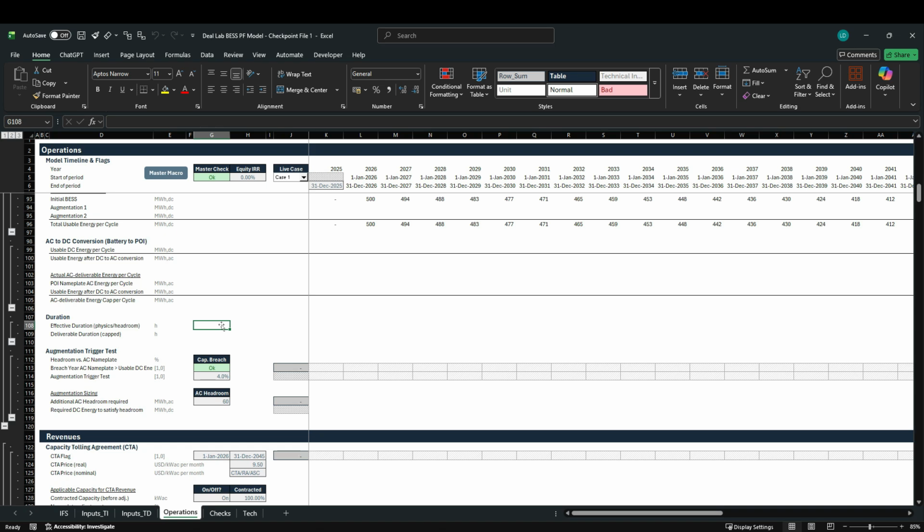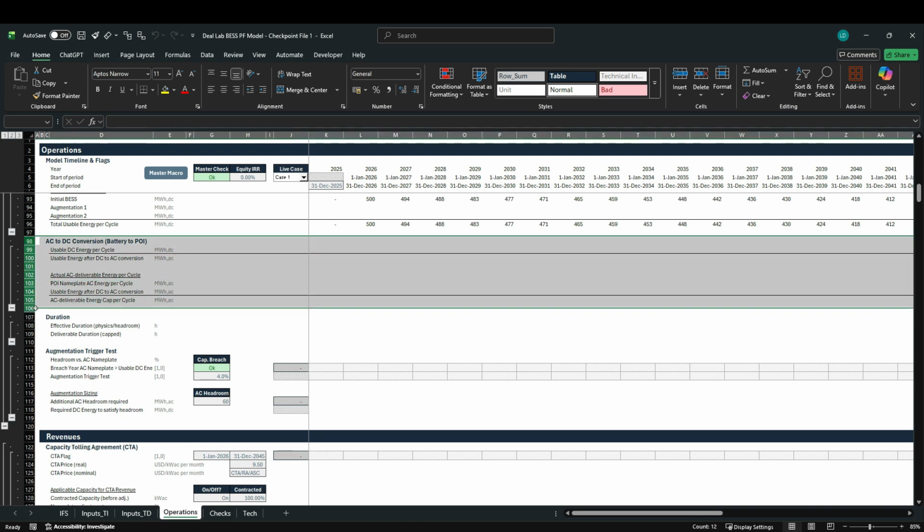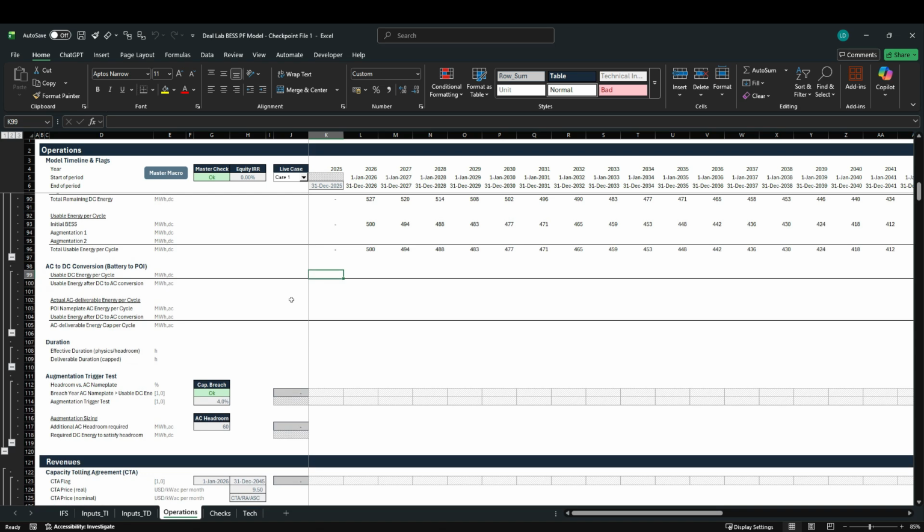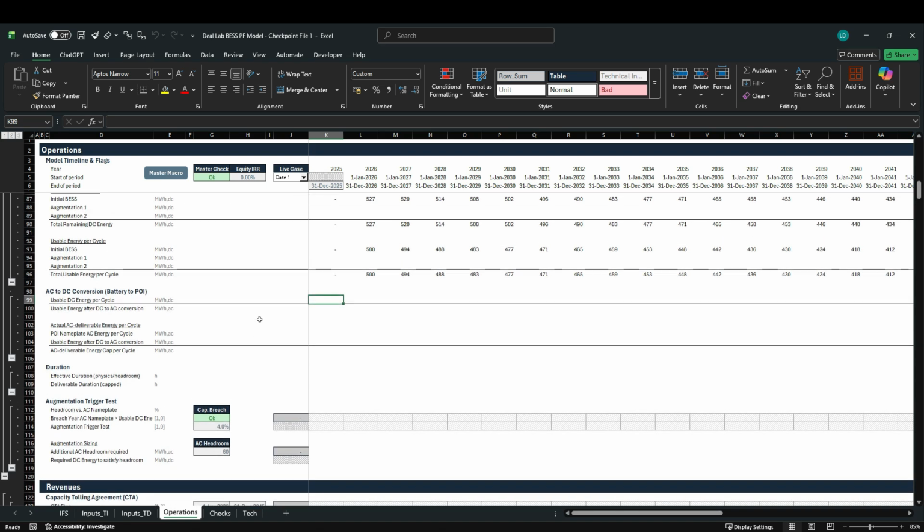Alright, let's get to the actual modeling part of this lesson. The first block here, AC to DC conversion, takes us from usable DC energy inside the battery back to the point of interconnection in AC terms. And to model the second part of this energy journey, we first need to hop into K99 and determine our usable DC energy per cycle.